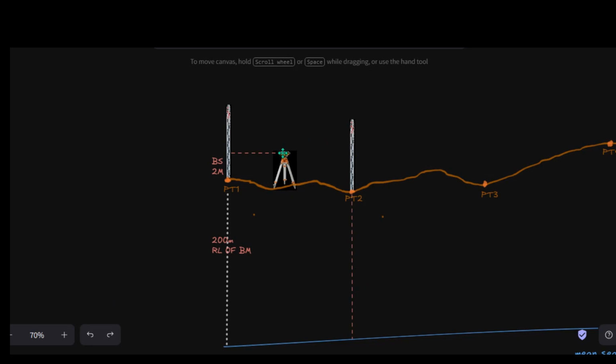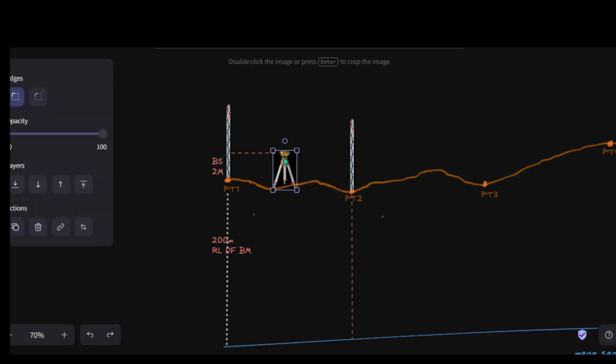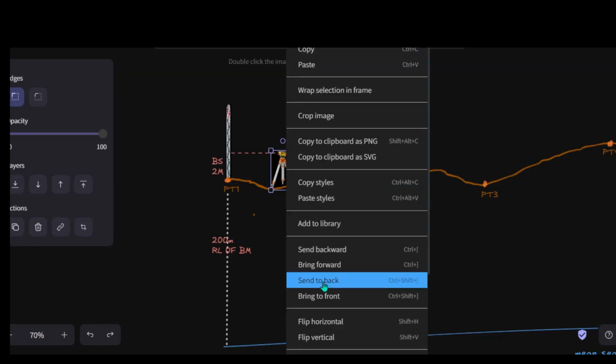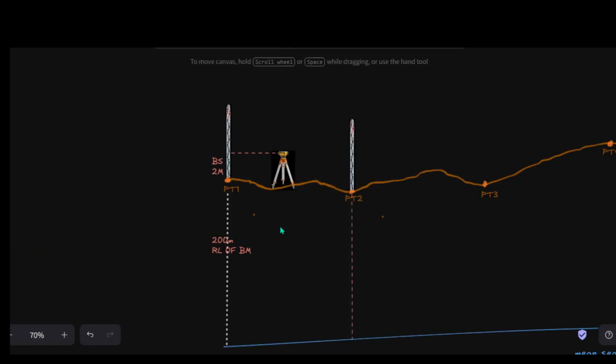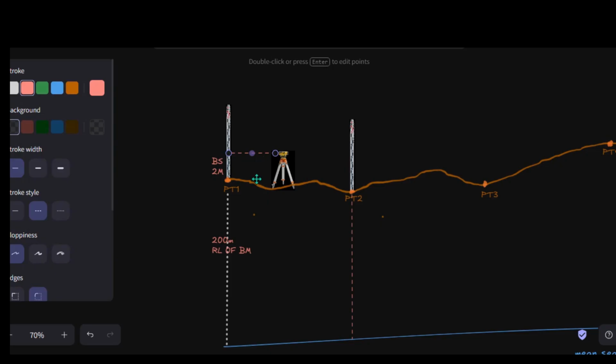So now I will turn this instrument towards the other side. I've turned it. Now what am I viewing?